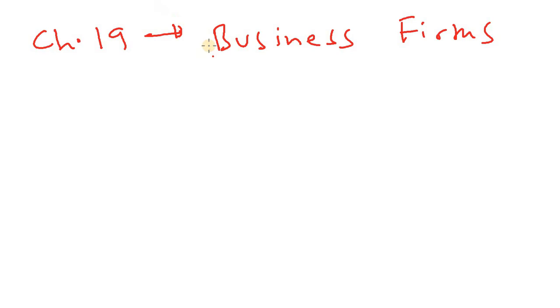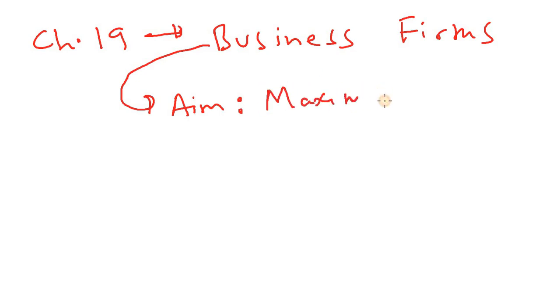According to economic theory, the aim of all business organizations is to maximize profit. Every business wants to obtain the highest possible profit they can using their labor, using their capital. So every business wants to maximize profit.